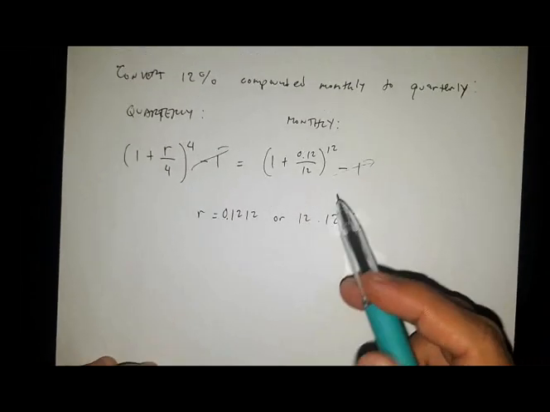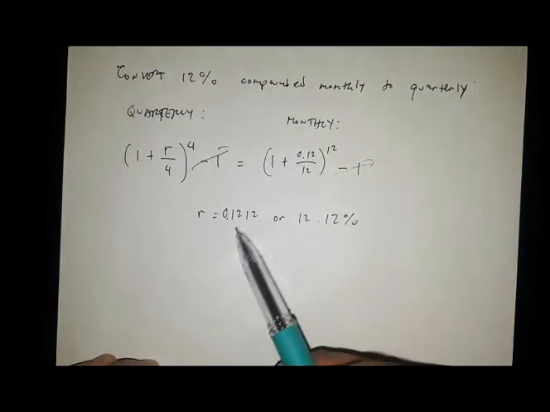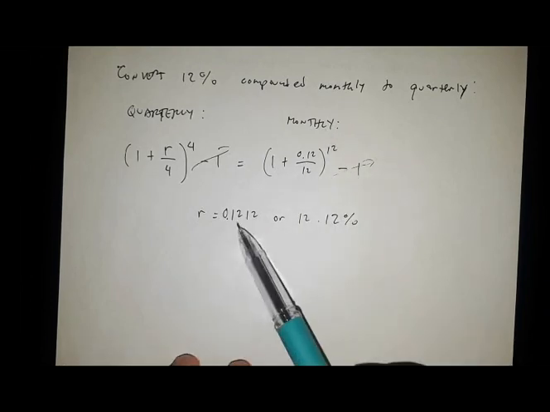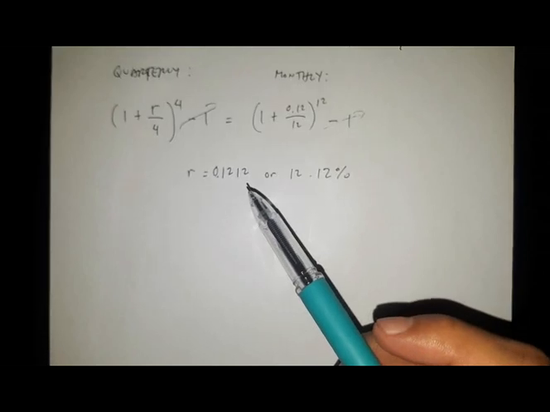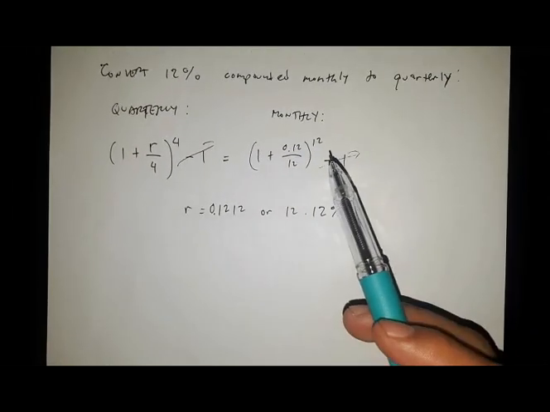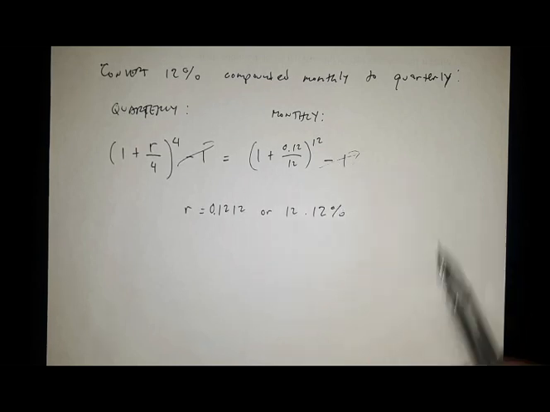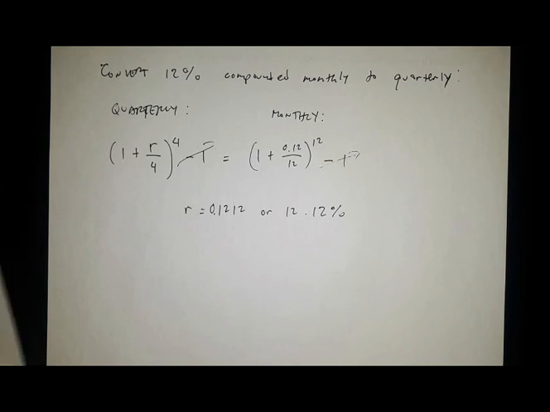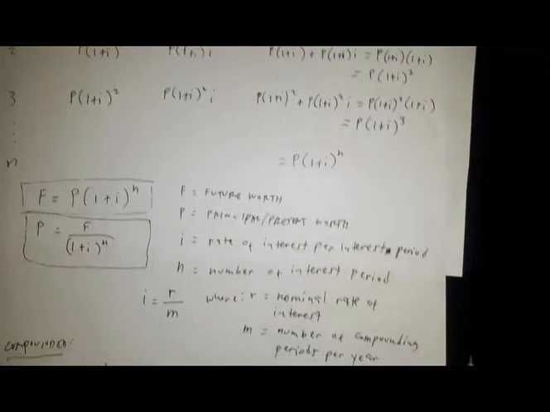Therefore, the equivalent quarterly nominal rate from compounding 12% monthly is 12.12%. So that wraps up the concept of compound interest.